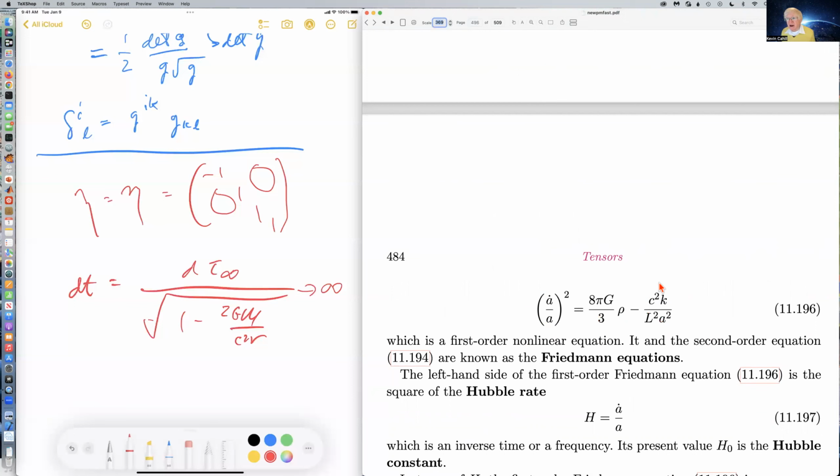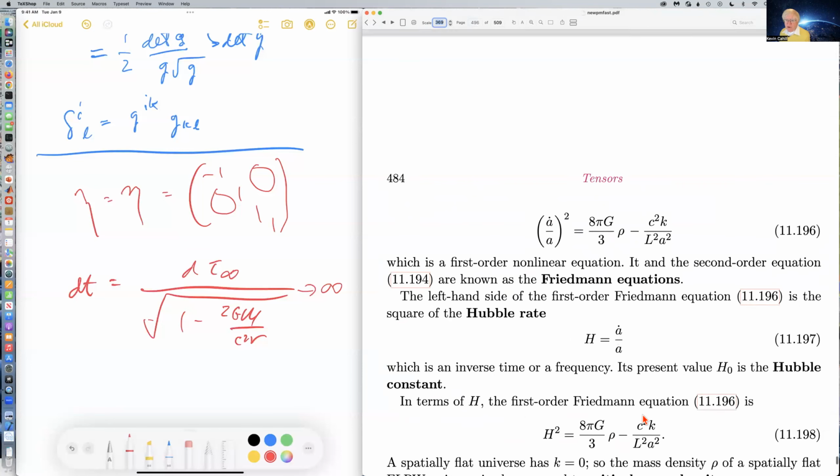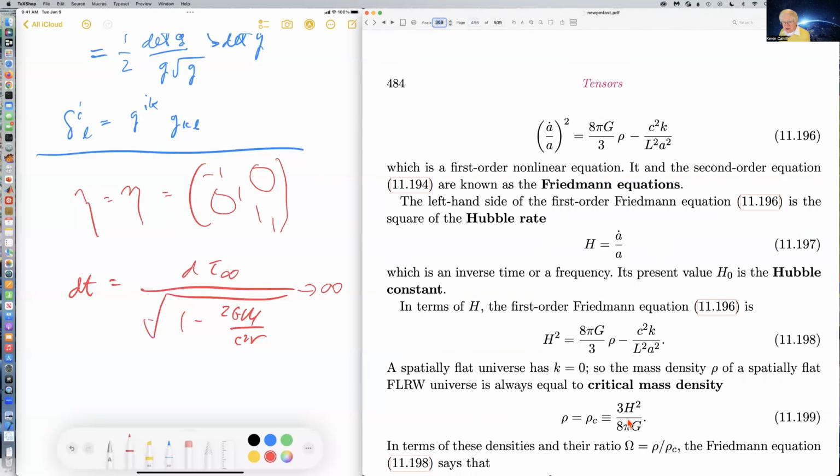Well, this is a reasonable time to quit because we're basically out of time at 6:15. This thing on the left-hand side is the square of the Hubble rate, and the present value of the Hubble rate is what we call the Hubble constant. And so the Friedmann equation looks like this.